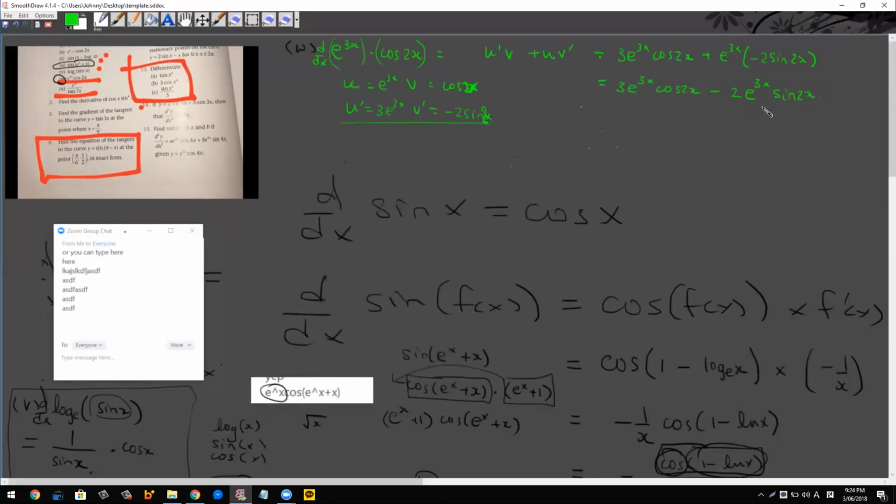In here? Yeah. Oh, I didn't take out any common. And you don't need to, hey? I don't need to, but you can if you want. E power of 3x, can you see this? Yeah. And then take out this one, then you get 3 cos 2x, and then -2 sine 2x. Like that.